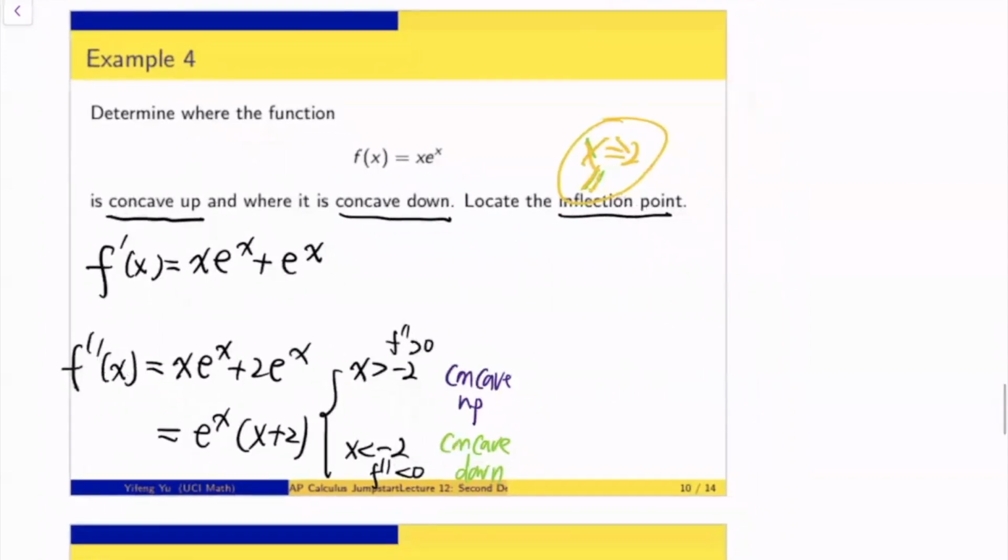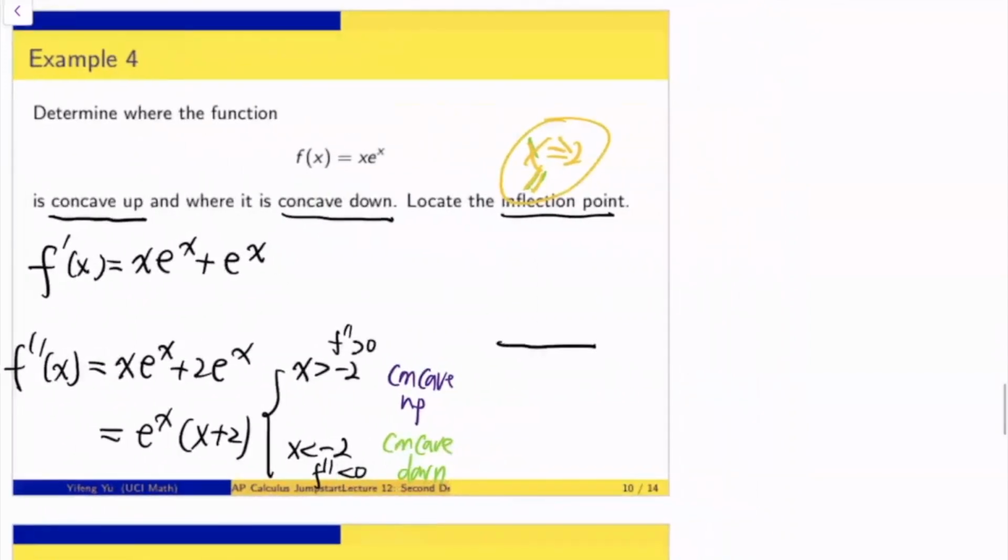All right, let's draw the graph again to have a better view of what happens. This is x, this is y, and here I say this is -2, and this is the origin 0.